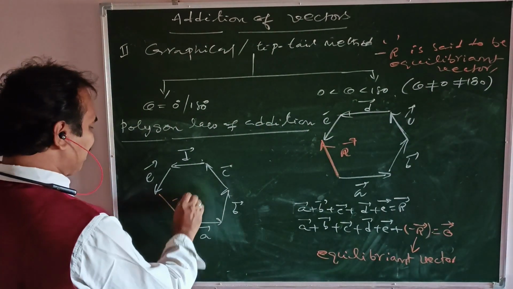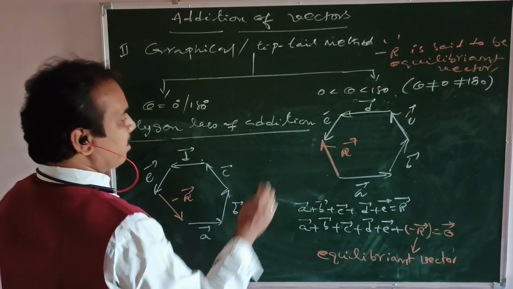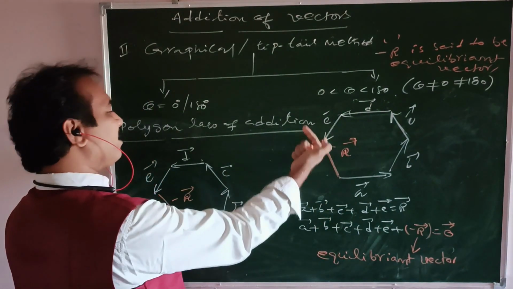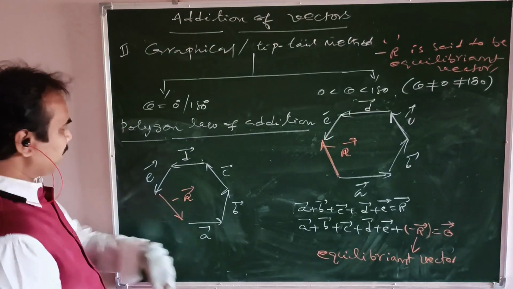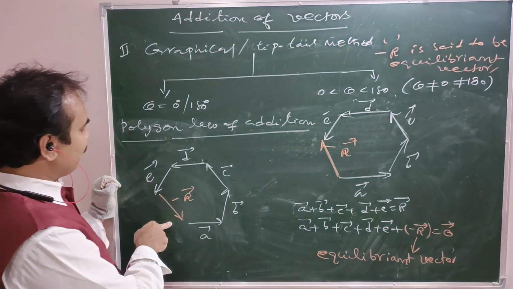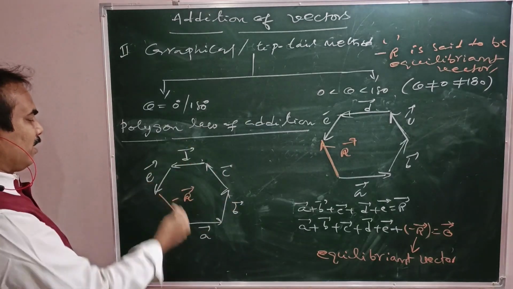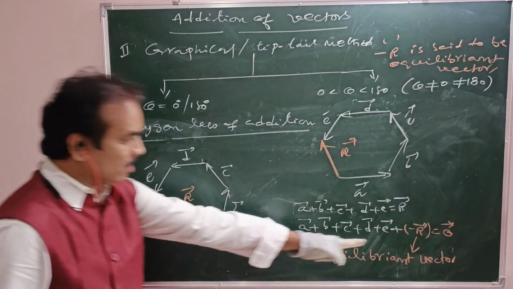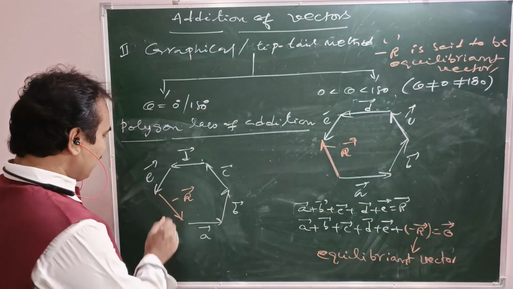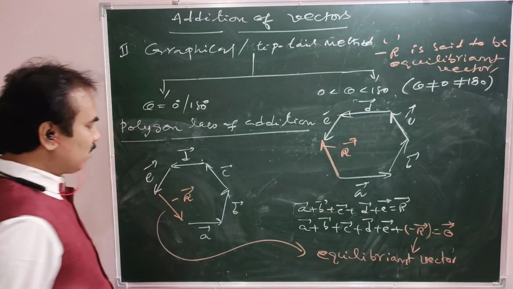This is minus R bar, the negative vector of R bar. See, R bar is from here to there like that. Minus R bar is like that, opposite to that one. Okay. So this minus R bar balances all the remaining parent vectors such that we have zero resultant. That is the reason why minus R bar is said to be the equivalent vector.